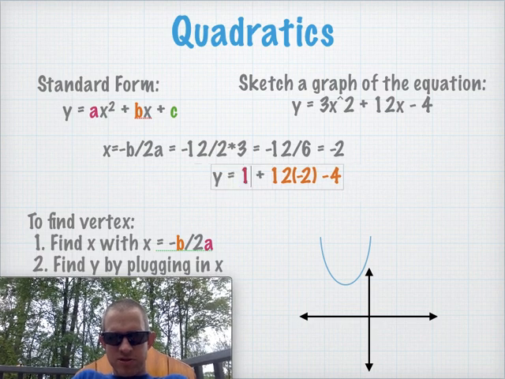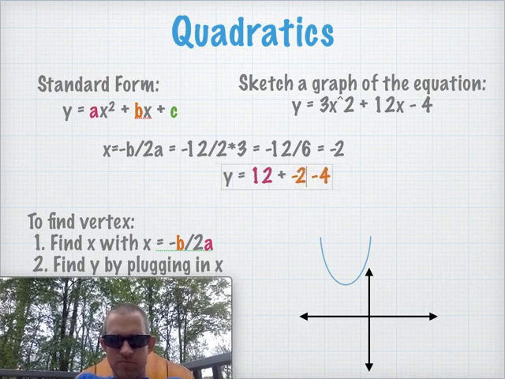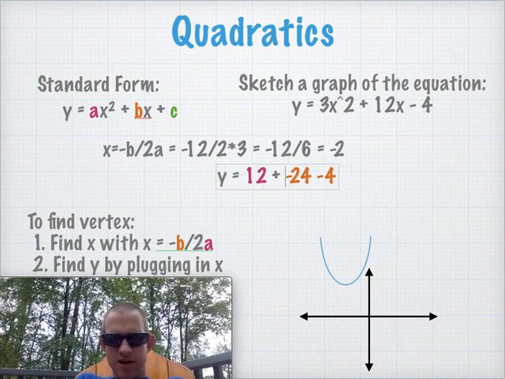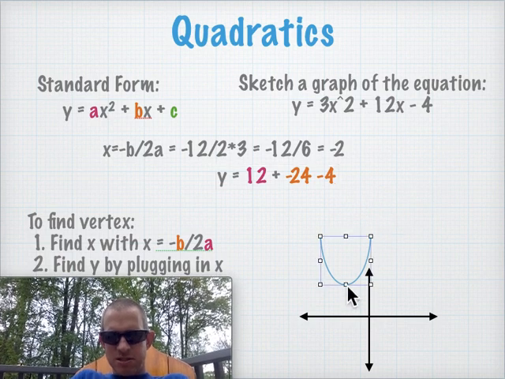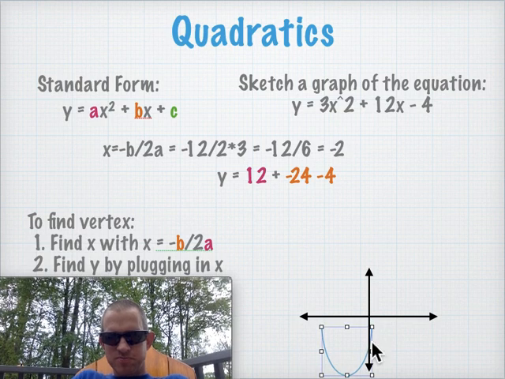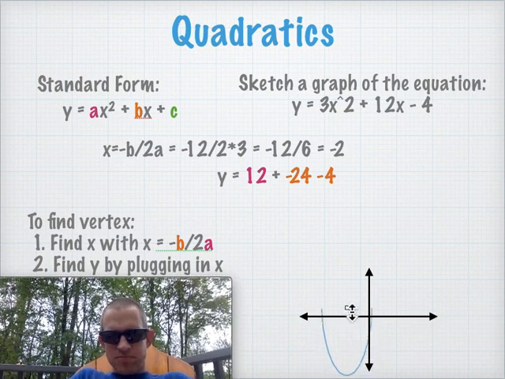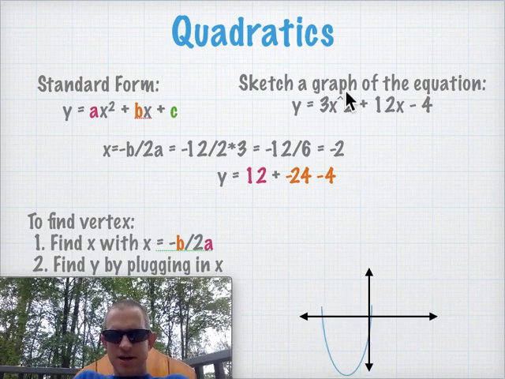And so this part is 12. 12 times negative 2 is negative 24. And now 12 plus negative 24 is negative 12. Minus 4 more is negative 16. And so that means the lowest our graph goes is negative 16. Should be down here somewhere. And so there's a rough sketch of what this graph looks like. And that's all I had asked for, really.